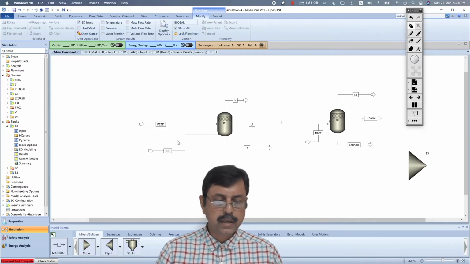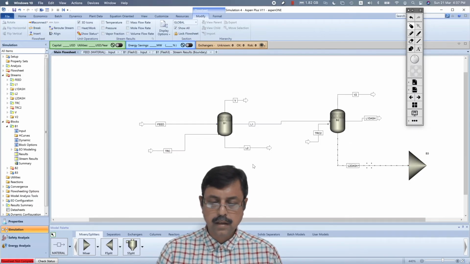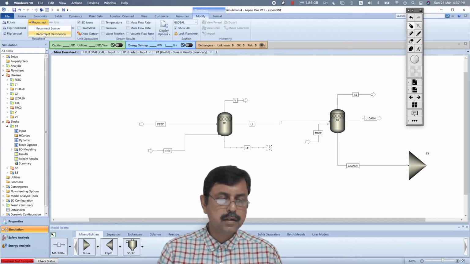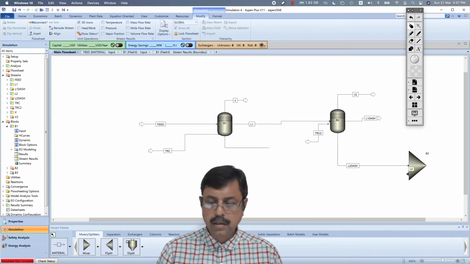So for that we connect this thing over here, and this one we reconnect destination to this.